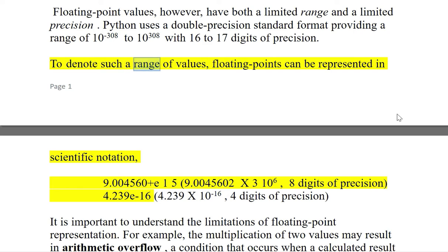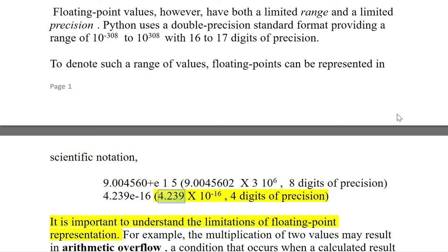To denote such a range of values, floating points can be represented in scientific notation. 9.004560 E15, 9.004560 times 10 to the 15th, 7 digits of precision. 4.239 times 10 to the power of negative 16th, 4 digits of precision.